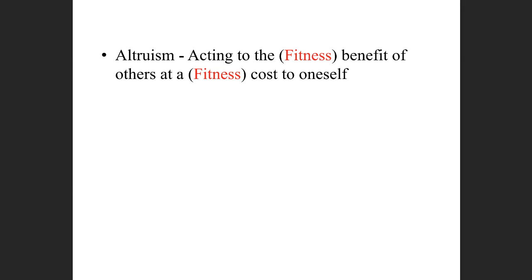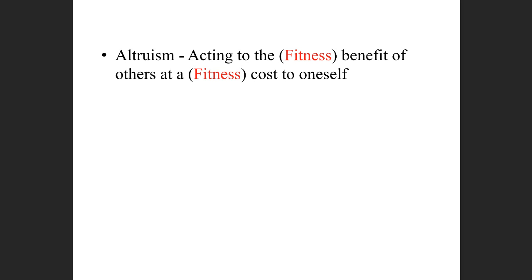So this is talking about a lot of the questions that Dawkins was talking about. So we want to define altruism. Altruism, evolutionarily, is when you're acting to increase the fitness of others at a cost to yourself.